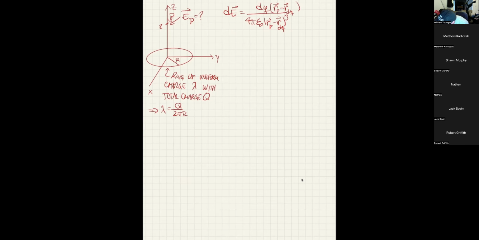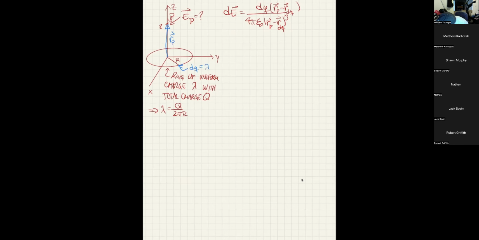So first off, I'm going to draw rP. Can anybody guess what rP looks like? Straight up. Yep, it's going to be this. So there's my rP. And I'm also going to draw, well, actually, I didn't go far enough. I'm also going to draw my r dQ, because I'm going to say this little guy is dQ, which is lambda times the distance around.